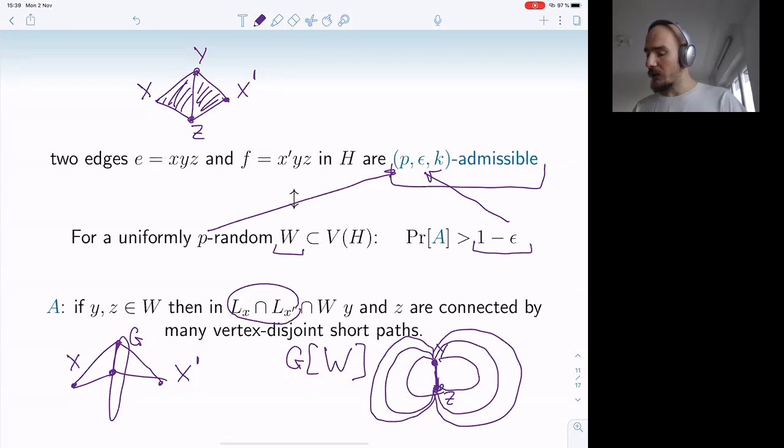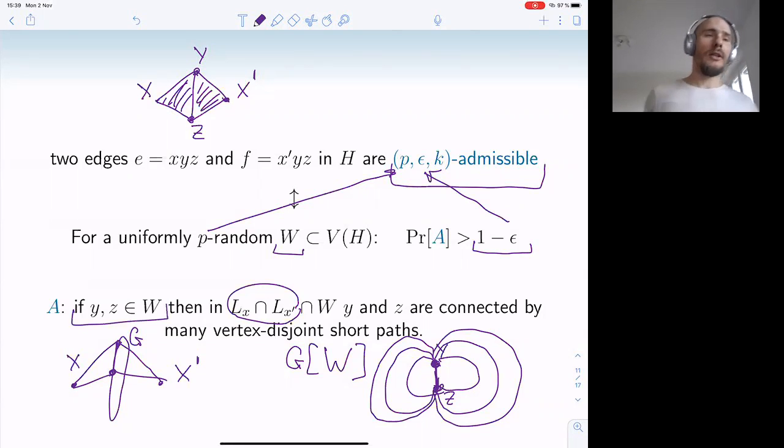This is the thing that we want to see in our graph: lots of vertex disjoint short paths between these two vertices. Of course, Y and Z may not be included in this random subset, so we condition on the fact that Y and Z are included in this random subset, and then with high probability we want to see this many vertex disjoint short paths.